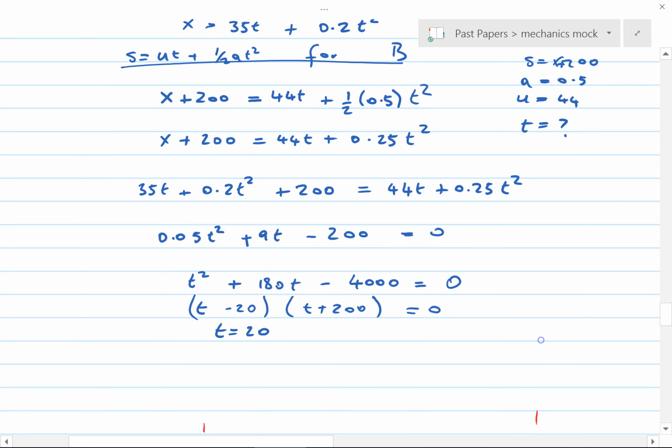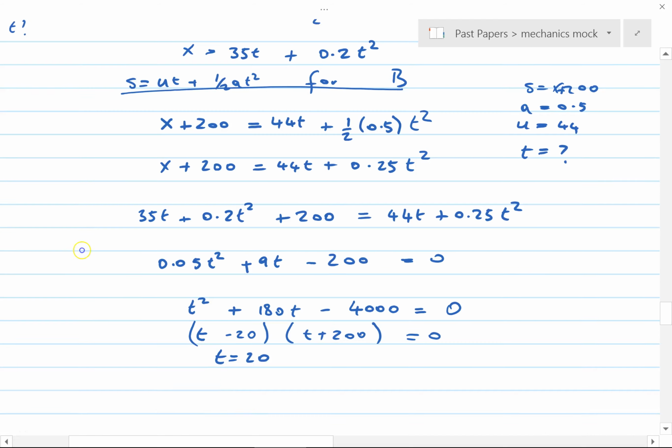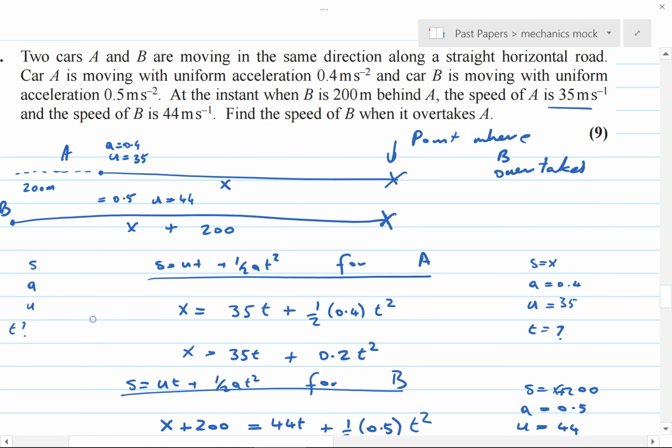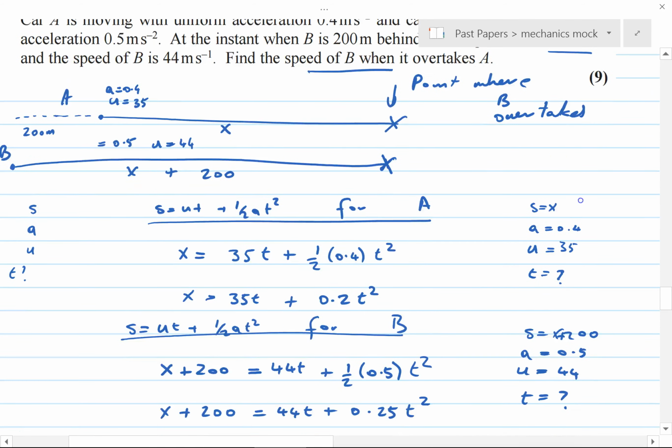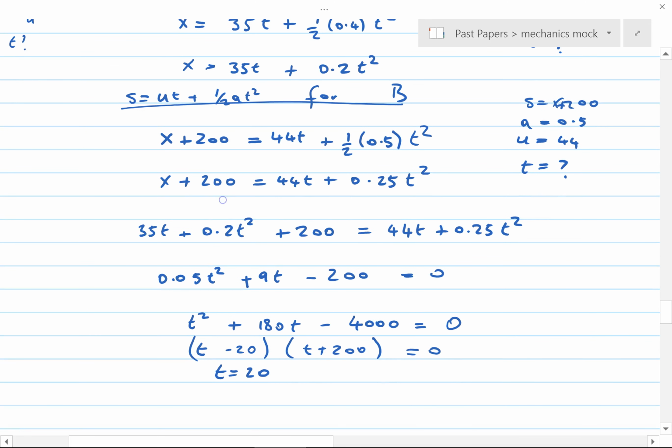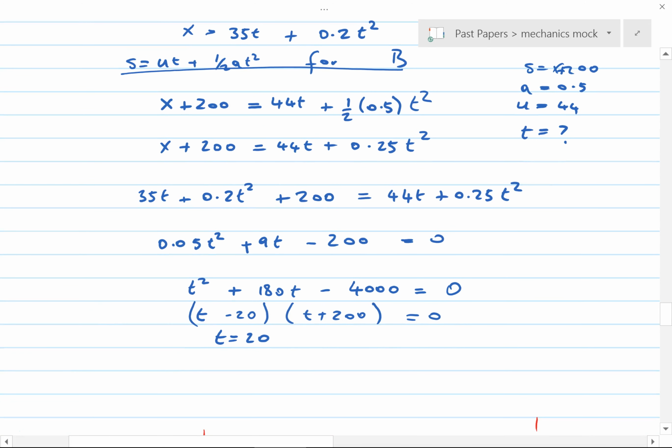And now that we've got t equal to 20, we want to look at the speed of B. I think it asks for the speed of B as it overtakes A. So we now have a is 0.5, t is 20, u is 44, and we need to work out v.